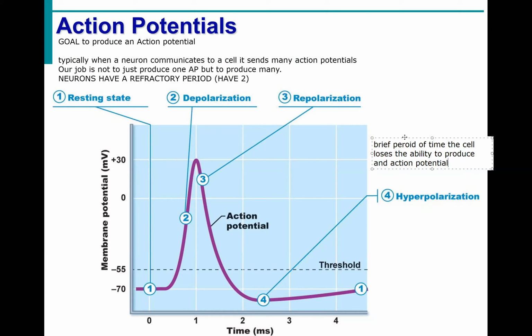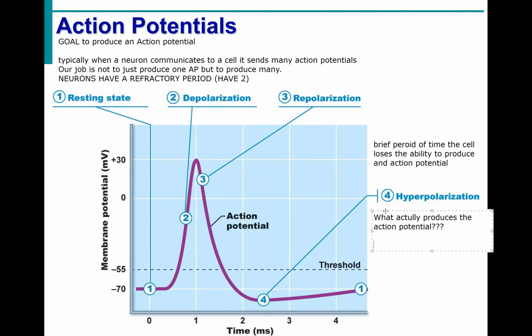Now, here's where we need to do a little bit of critical thinking. Let's see if we can figure this out. What actually produces the action potential? Can anyone hazard a guess, of all the events that we talked about, what is truly the one event that actually produces the action potential?